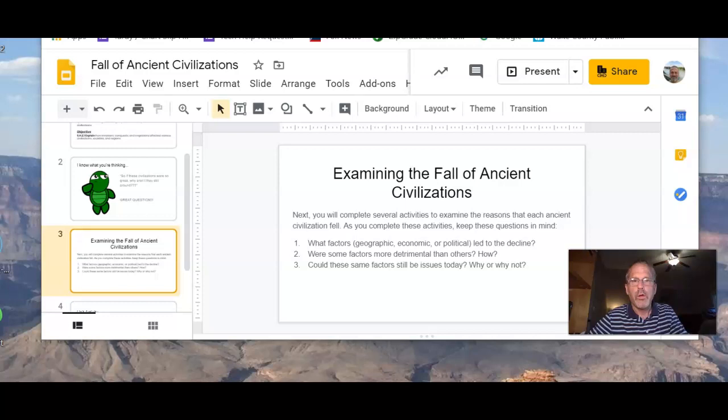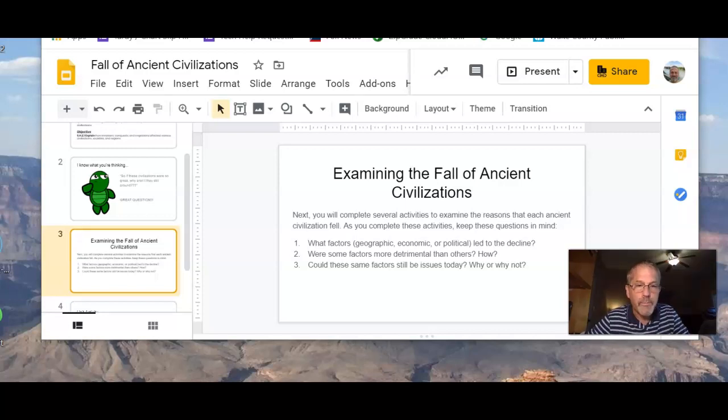So you will complete several activities to examine the reasons that each ancient civilization fell. As you complete these activities, keep these questions in mind. What factors, geographic, economic, or political, led to the decline? Were some factors more detrimental than others? And how? And then number 3, could these same factors still be issues today?